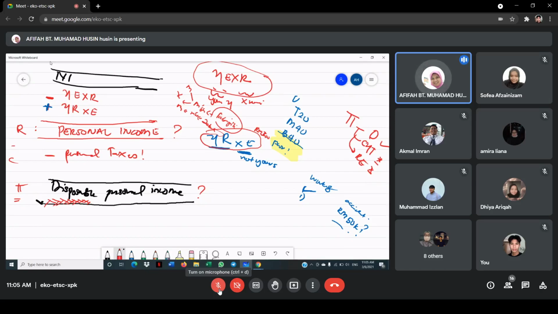Okay, the first personal tax kita talk kepada income tax. Income tax yearly kena bayar. Okay, income tax kita bayar ikut apa? Ikut gaji. Okay, gaji let's say yearly 40k.